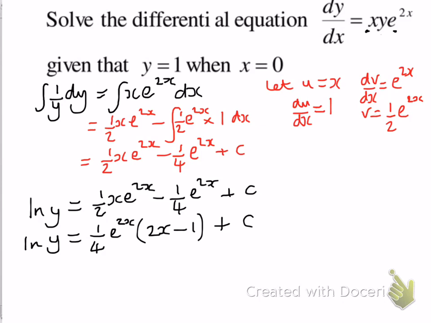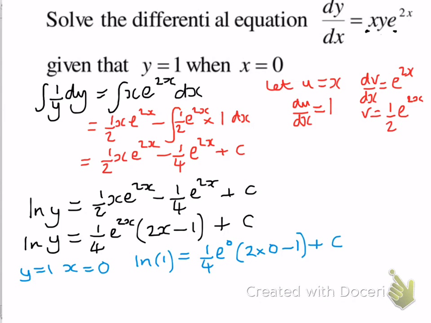Right, so what I can now say is when y equals 1, so when y equals 1, x equals 0, so therefore ln 1 is a quarter e to the 0, 2 times 0 minus 1 plus c.